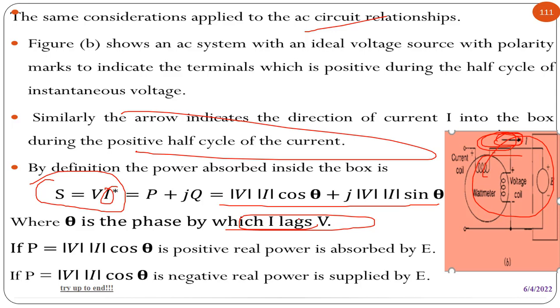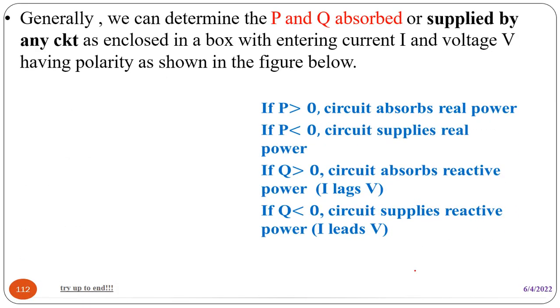If the active power is positive, real power is absorbed by the battery, and if the active power is negative, real power is supplied by the voltage source.